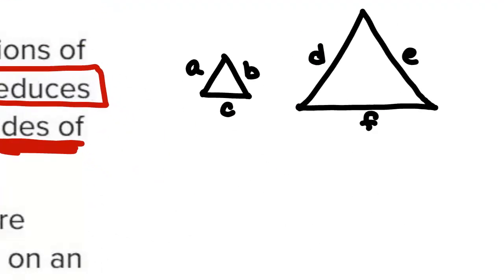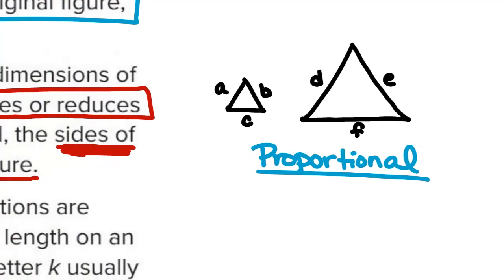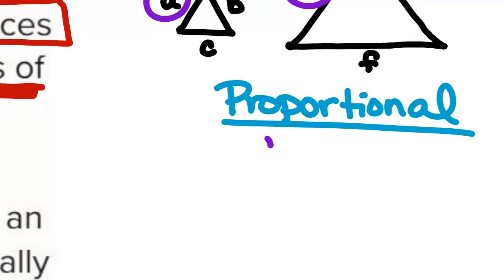When we say that the sides are proportional, I have to make sure to match up my corresponding sides, so like side A and side D. If I set up a fraction with those two, and it doesn't matter which one I put on top and which one I put on bottom, as long as I stay the same for the next fraction. So I went with my smaller triangle side over my bigger triangle side.